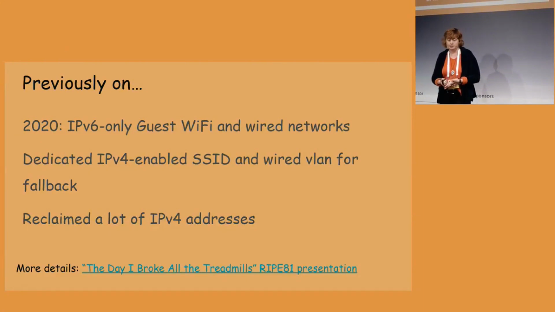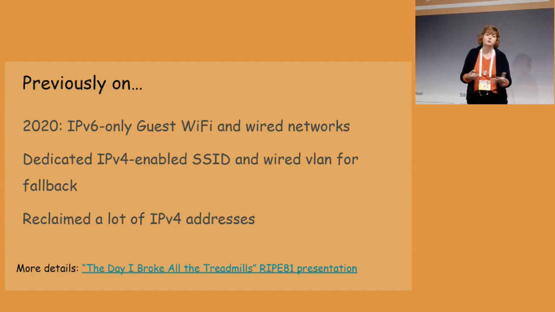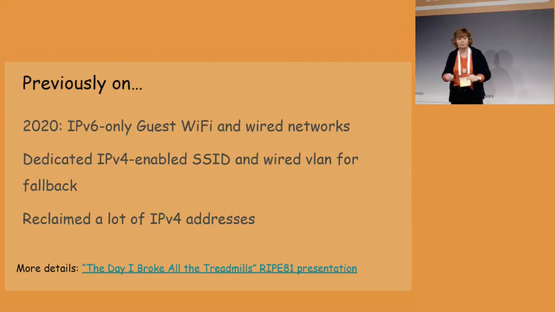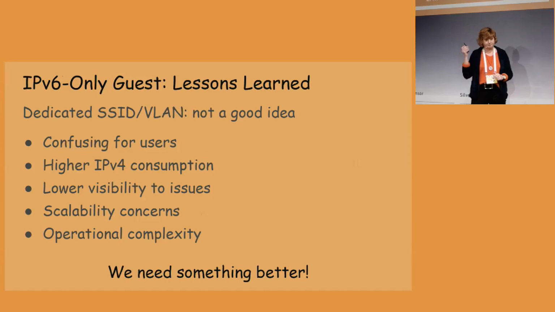And we created a dedicated IPv4-enabled SSID instead, because we knew there were going to be some use cases for IPv4. We did it back in 2020. We did reclaim a lot of address space, which was very good. Management was happy, deploy people were happy because we were able to reuse that address space. But, well, it kind of worked, right?